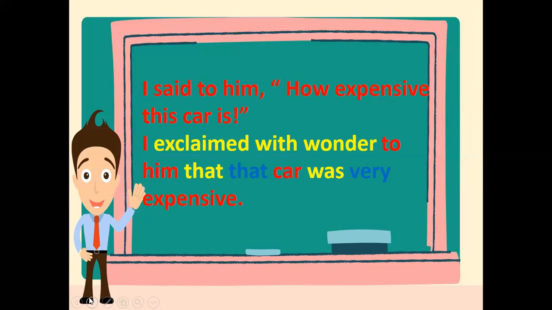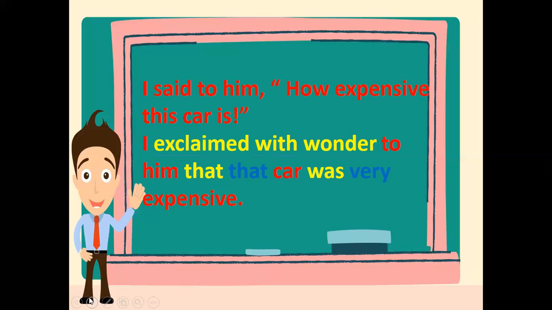So what we are going to do, said to will be changed to exclaimed with wonder. We will use that, but after that, remember what you have to do: you have to omit how. How will be out. So the remaining sentence will be expensive this car is. So you will make it proper. Expensive will come after is, or whatever the main verb will be.